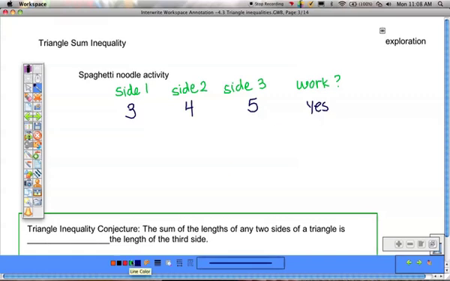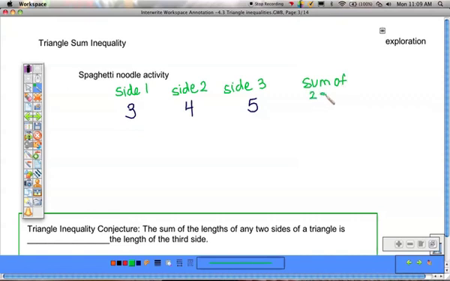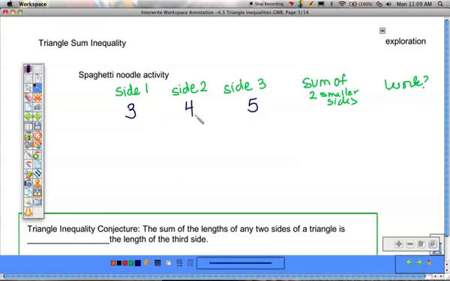I should add another column too. Sum of two smaller sides. Does it work? Okay, so the sum of the two smaller sides are 3 and 4, 7, and this works.